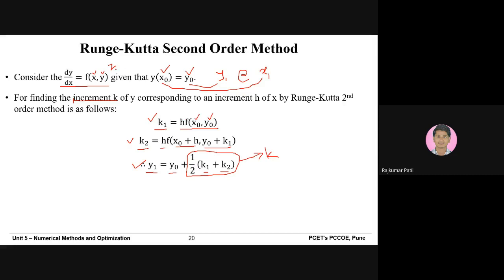So if there are three terms, you need to modify all these equations accordingly. For x, the increment will be h, for y, the increment will be k. Just like that, you need to assume an increment, let's say L, for the third variable, that is z, and you can use it.